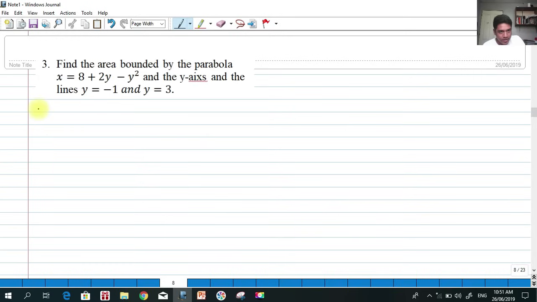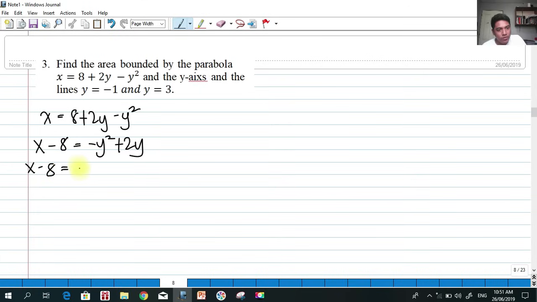Again, the very first step is we have the curve 8 plus 2y minus y squared. This is a parabola, so we can rearrange this equation such that we're going to find the vertex and the opening of this parabola. So we have x minus 8 equals negative y squared plus 2y. Then x minus 8 will now be equal to, factoring out negative, negative of y squared minus 2y.